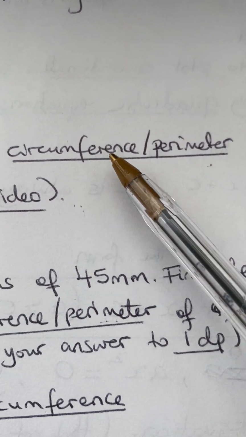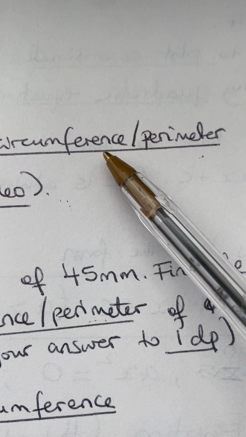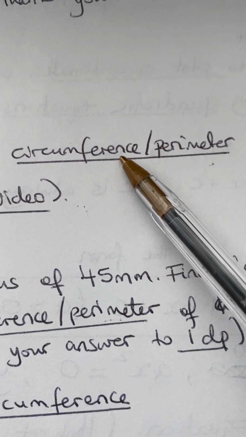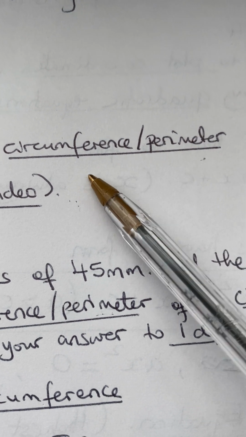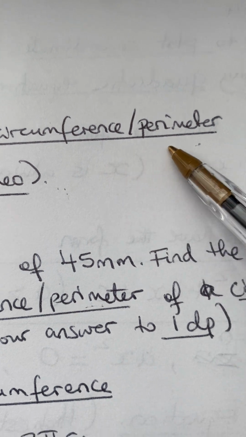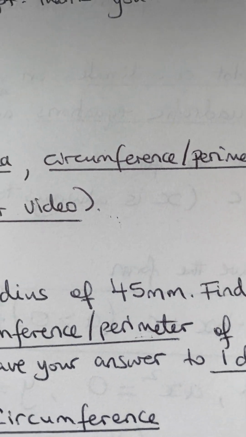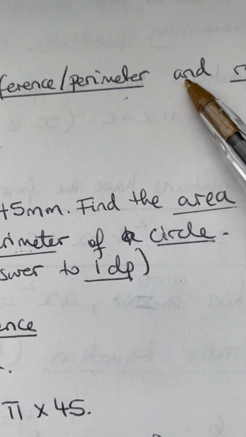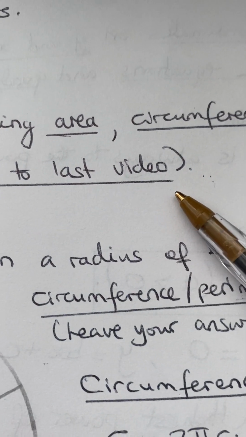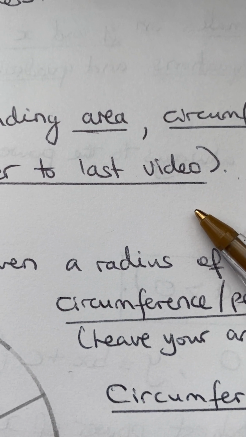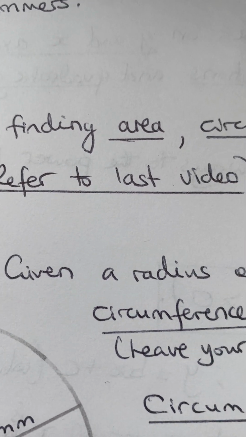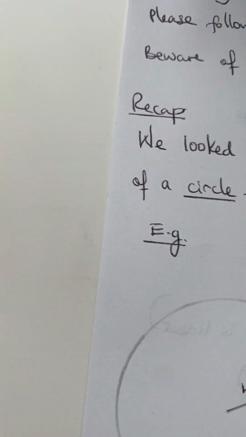Circumference is basically linked with circles, but they might ask you to find the perimeter of a circle, which is the same as the circumference. Then we looked at the radius of a circle. Look at the last video, the video we just did. You can get everything in there.